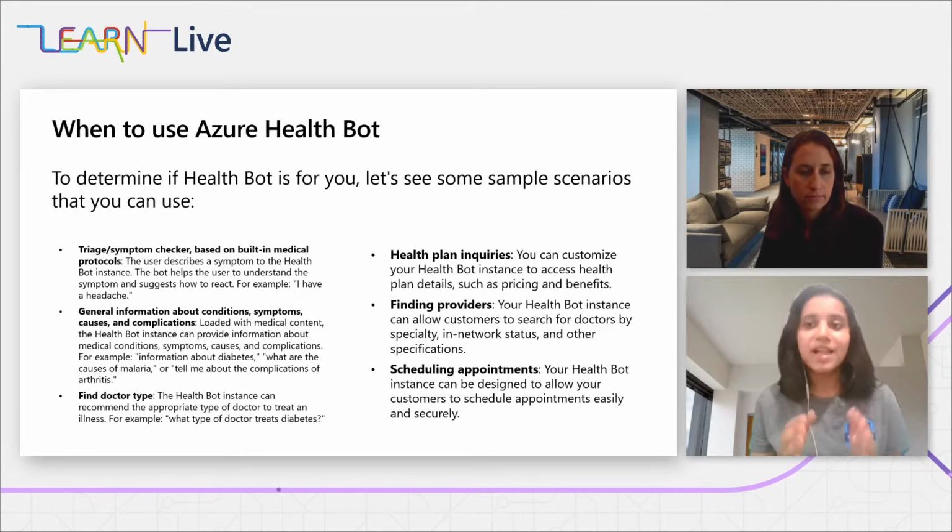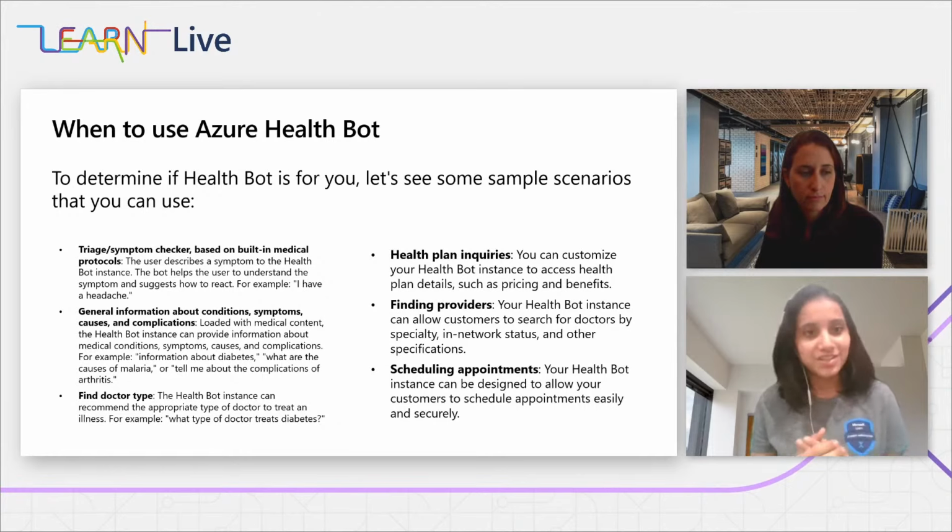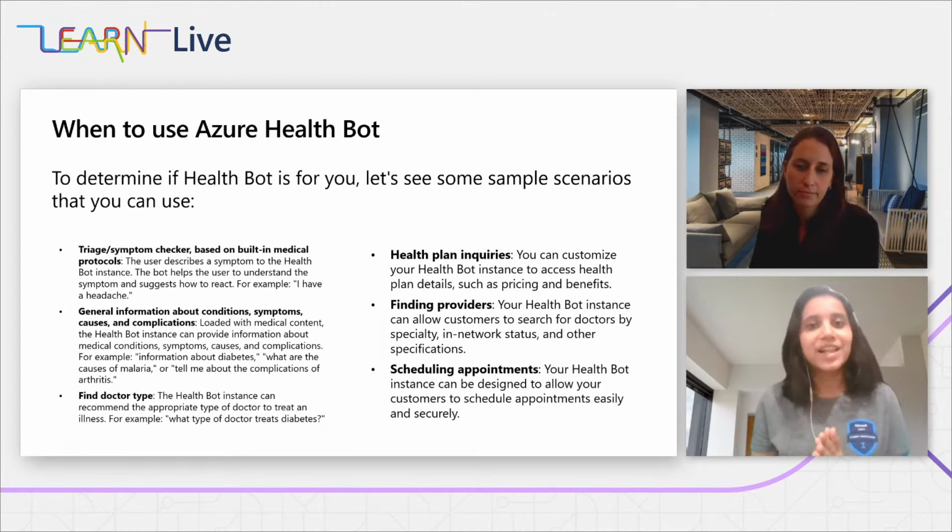In such a case, the HealthBot instance, which is loaded with medical content, can provide you the information on medical conditions, symptoms, causes, and its complications. The third one we have is find the doctor type. Let's say I want to know which doctor can treat diabetes. So in this case, the HealthBot instance can recommend the appropriate type of doctor to treat the illness.